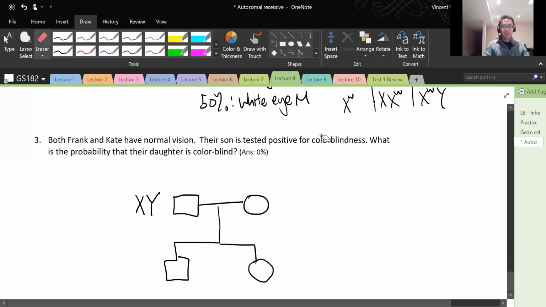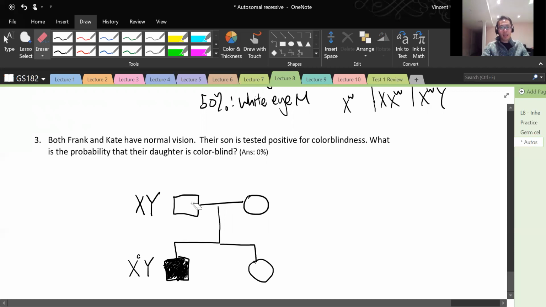The son is colorblind. So we're going to shade him in, colorblind. Okay. So if he's colorblind, what is his genetic makeup? Well, it's going to be X^C Y. Where did he get this colorblind gene? Well, not from the father, we know, because the father has normal vision.